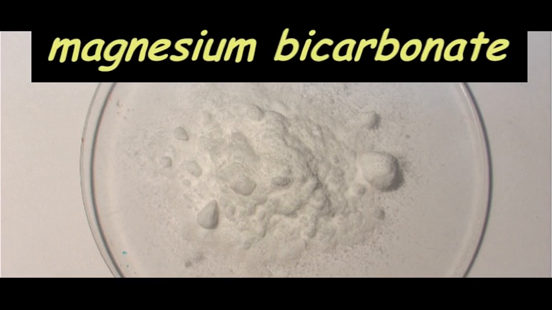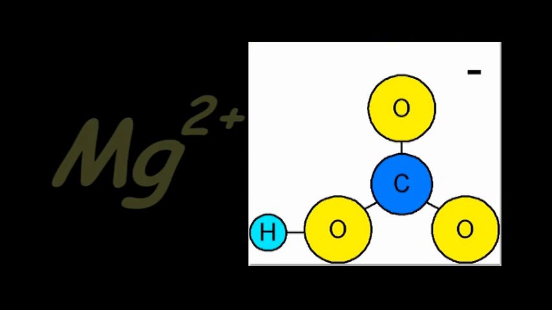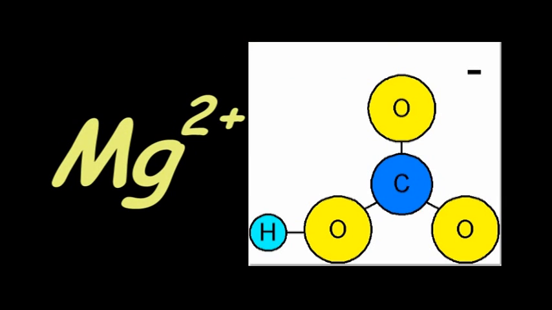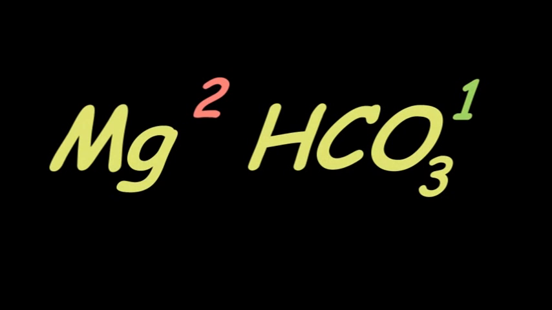This is magnesium bicarbonate. Some people drink this and believe it does them good. Who knows if they're right? Magnesium bicarbonate contains the group 2 metal magnesium and the valence 1 bicarbonate ion. Step 1. Write the two formulae with valencies.